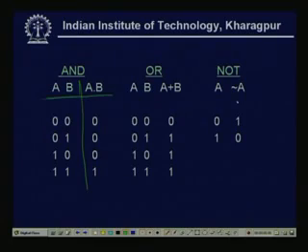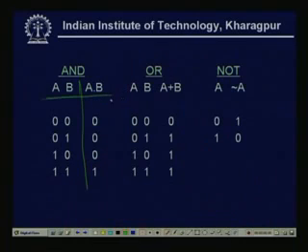So, just now we have defined the algebra: the set of elements A, B, the two elements, the set of operators plus and dot, and the rules we have just discussed. We form this A dot B, A plus B, and the negation of A, or the complement of A, and then we actually get the AND gate, OR gate and NOT gate.